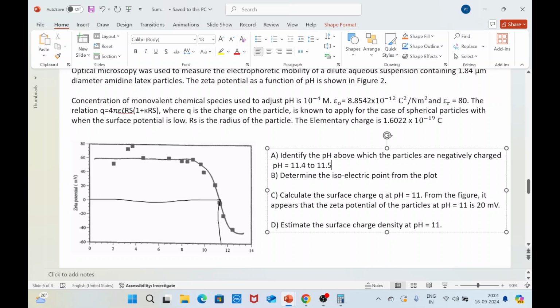So this is the pH above which, meaning greater than 11.4 or 11.5, like 12 or 14, the particles are going to be negatively charged. Then they are asking us to identify the isoelectric point from the plot. So what do you mean by isoelectric point? Any ideas on what the isoelectric point is?